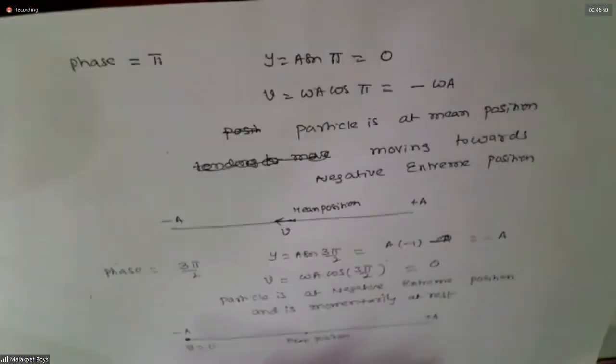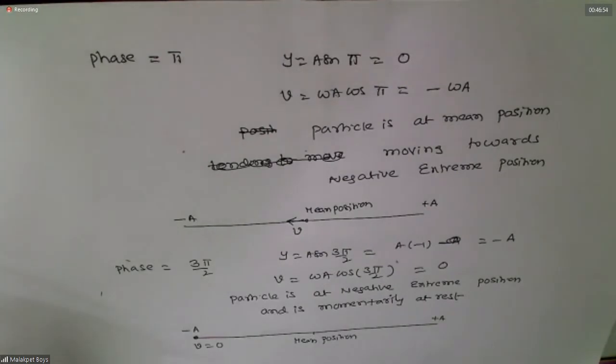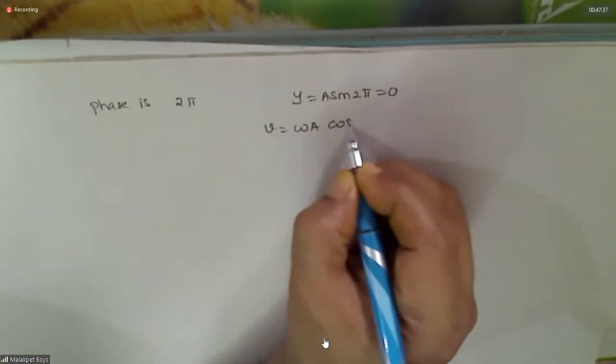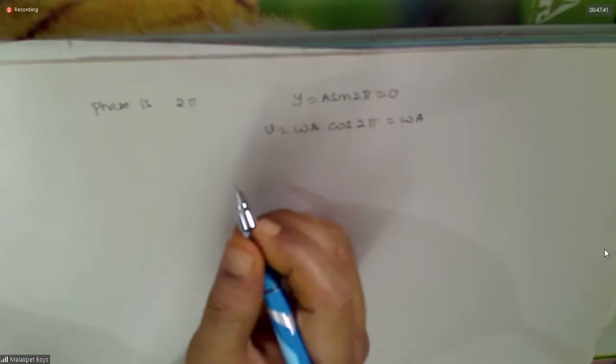Now suppose the phase is 2 pi. What is the meaning of this? Again, velocity is positive, no?